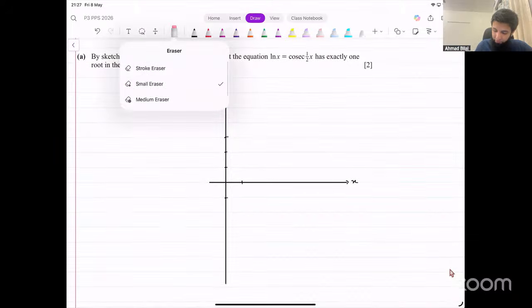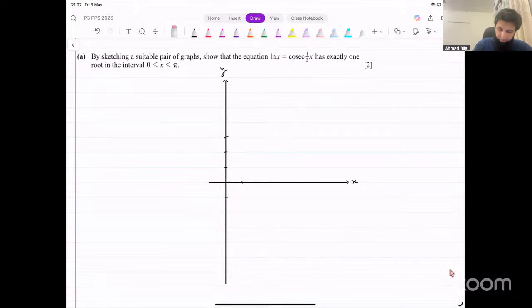We just have to go from 0 to pi. Let's break it down in the middle. That will be pi over 2. Break it down again in the middle. That will be pi over 4. Pi over 4 times 3. That will be 3 pi over 4. You can break it down further to these points if you want.